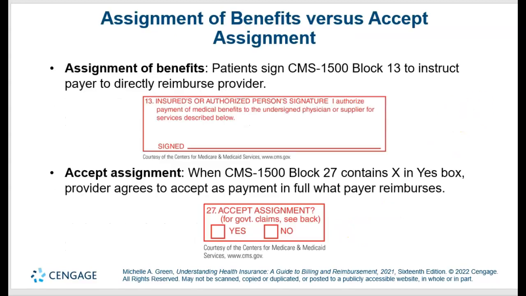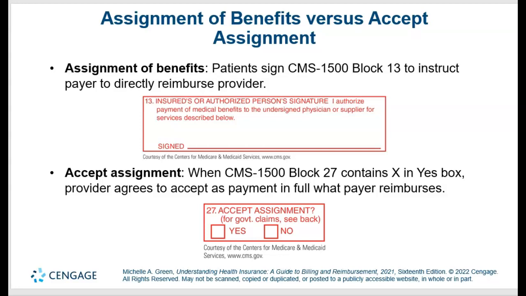Assignment of benefits versus accept assignment, right? So assignment of benefits, this patient signs the CMS Block 13 to instruct the payer to directly reimburse the provider. Okay, so one thing to keep in mind is that the patient doesn't take this form and sign it. As a patient, when you go into the physician office, sometimes it used to be you would sign a sheet saying, yes, you accept a benefit.